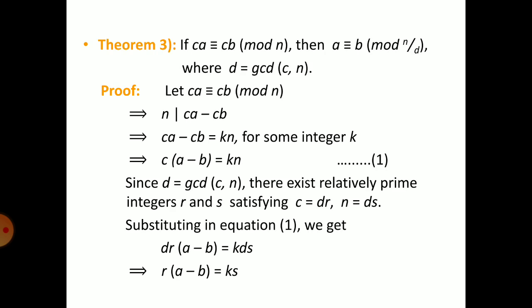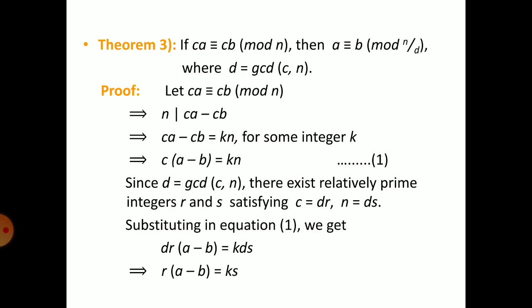Now the next theorem: if CA is congruent to CB mod n, then A is congruent to B mod n divided by D, where D is the greatest common divisor of C and n. Students, observe this. This means that we cannot cancel C on both sides.